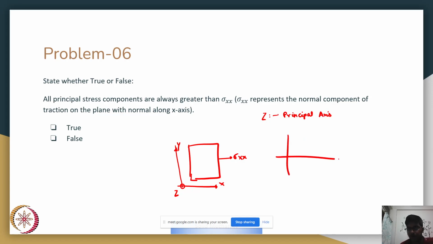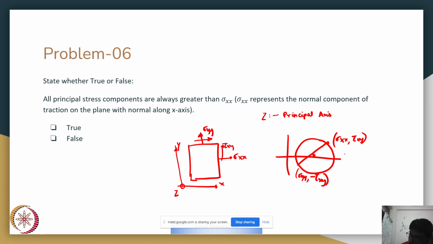Then if we draw the Mohr circle for this particular state of stress, you will end up with a point which is something like this, sigma xx and sigma yy comma minus tau xy.